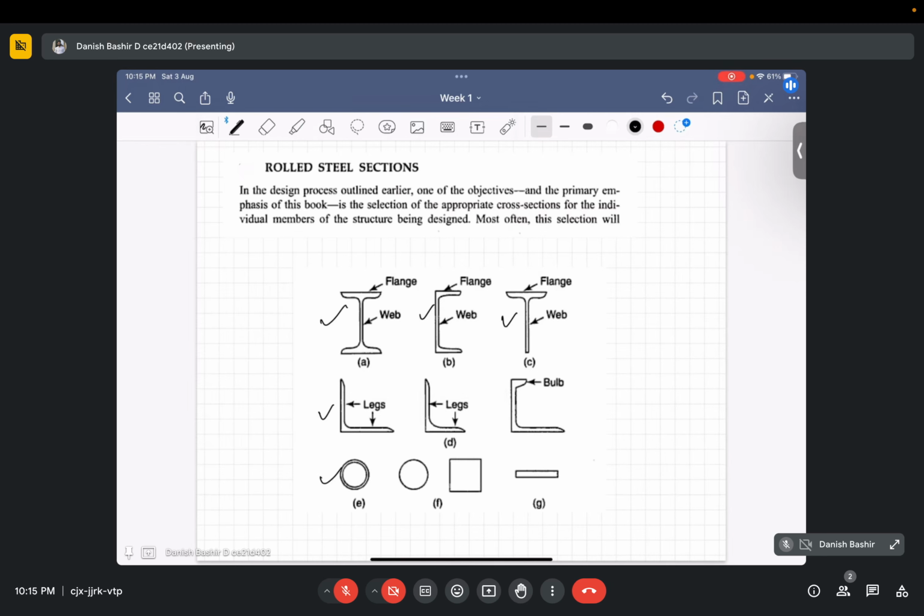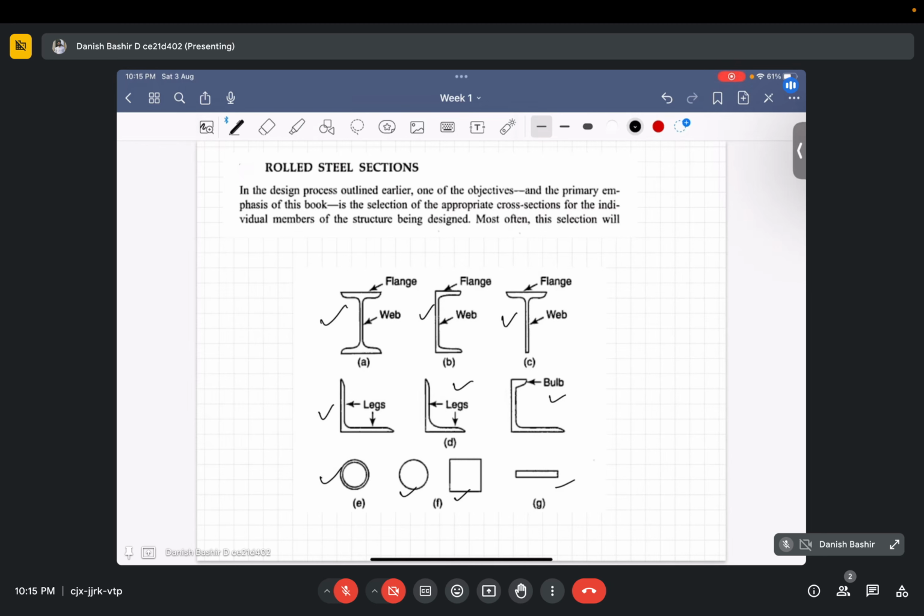These are angle sections, all these are angle sections. Okay, these are tube sections, and we have steel bars as well. Okay, these show the steel bars, and we have flat plates as well. Okay, plate sheets etc. come in these regions.